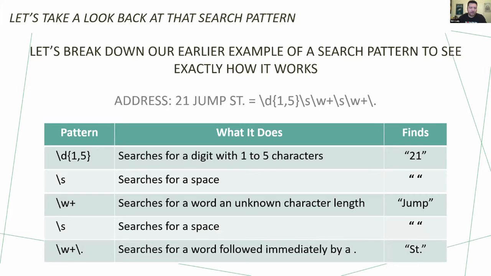And finally, the w plus again, followed by a backslash period. Normally, period is a wildcard character in regex, but when it's preceded by a backslash like that, it makes it literal. So what I'm telling the search pattern is I want to find a word that's followed immediately by a period, in this case, st or street with a period.